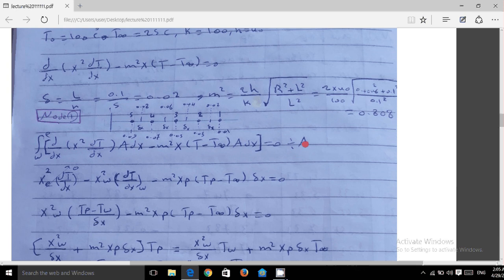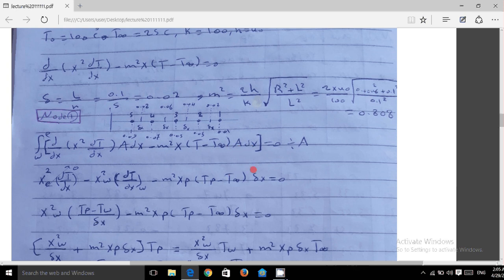By dividing A over A, I got x east and integrated from west to east. X east minus x west, x squared is converted to x east, x west, minus m squared x, T point minus T infinity, dx.